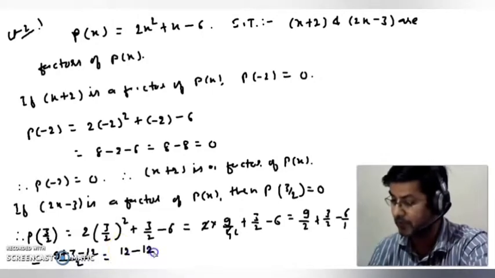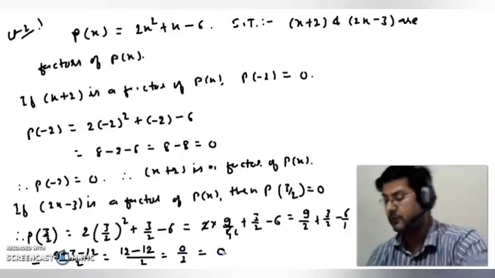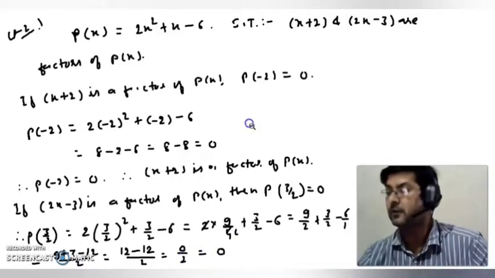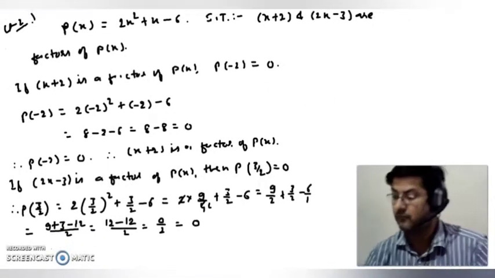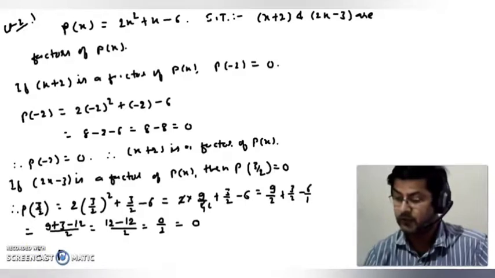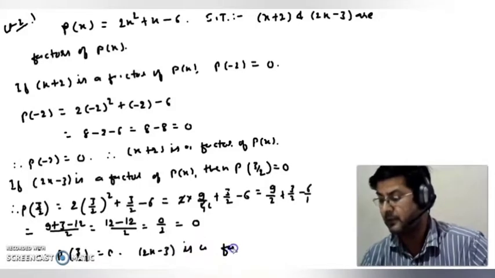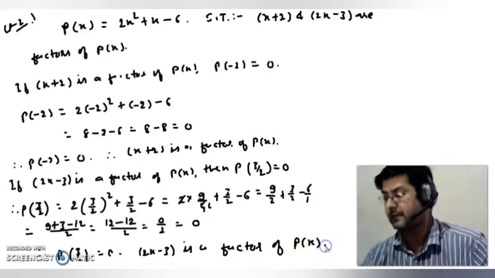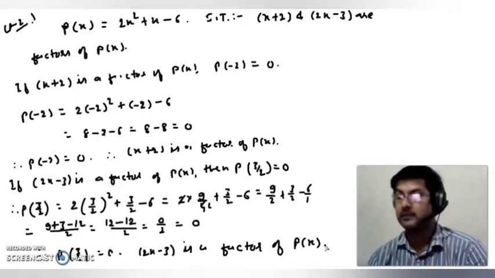So 12 minus 12 upon 2 is equal to 0 by 2, which is equal to 0. Therefore we got P of 3 by 2 equal to 0, and therefore we can write that 2x minus 3 is a factor of P of x. Clear? So the second question of exercise 8b is also over.